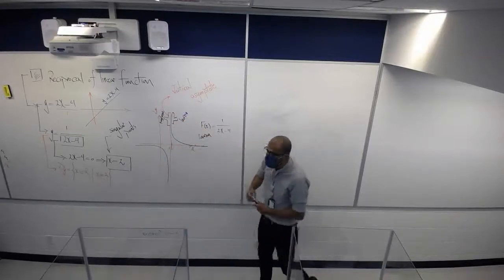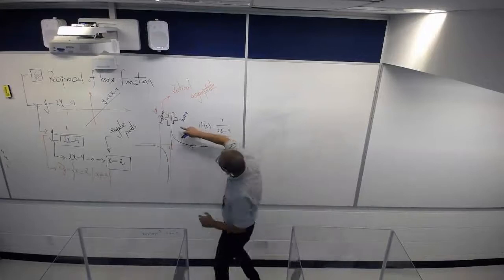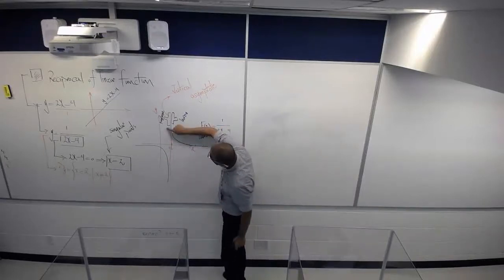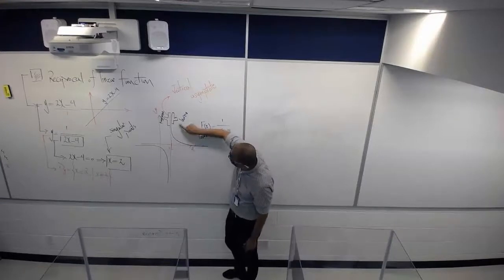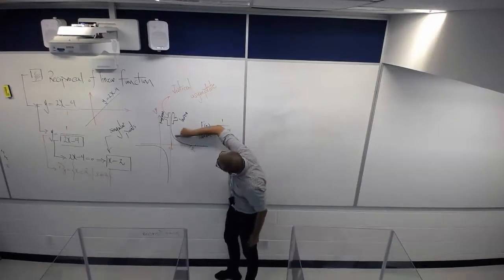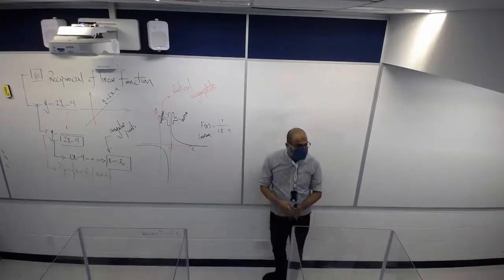Look at this. These two persons are driving their cars. Angelique is driving along x equal to 2, and Lauren is driving along the function 1 over 2x minus 4. Driving so fast.